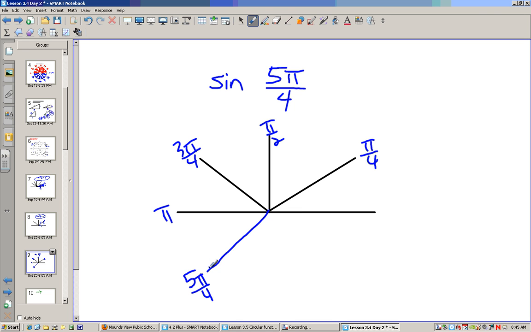Now we're dividing it by 4 so that each of these is 45 degrees. So the sine, we can use the one for the hypotenuse. So the sine would be opposite over hypotenuse, which is negative root 2 over 2.